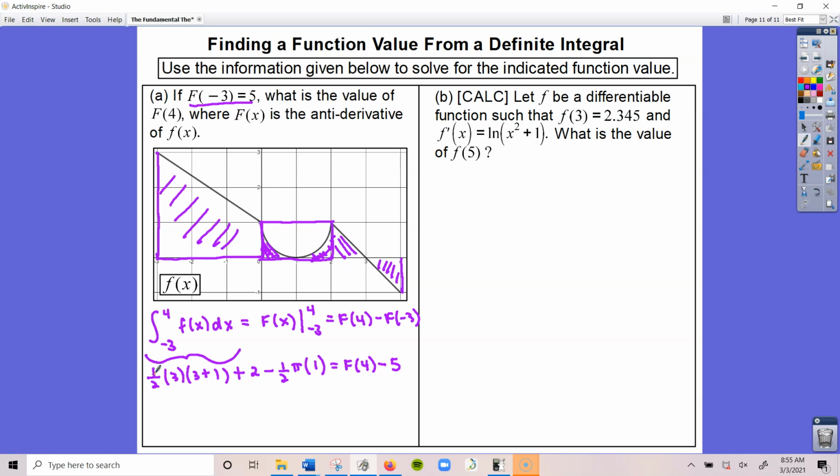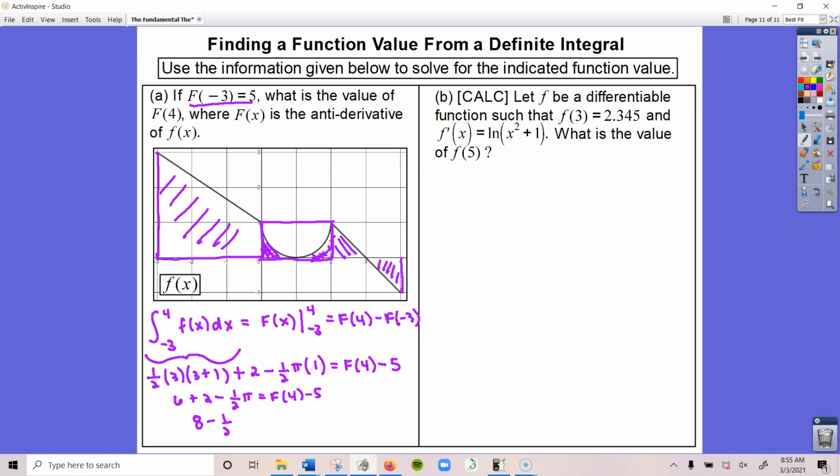So this is 1/2 times 3 times 4. 3 times 4 is 12, and half of 12 is 6, plus 2 minus 1/2 pi is equal to f of 4 minus 5. 6 plus 2 is 8.